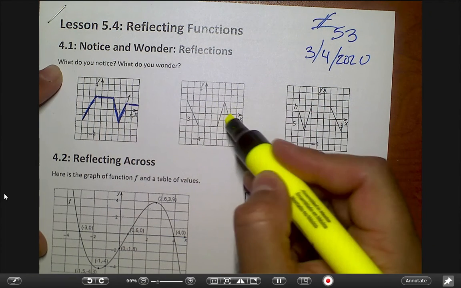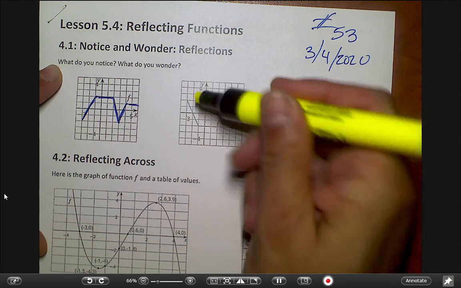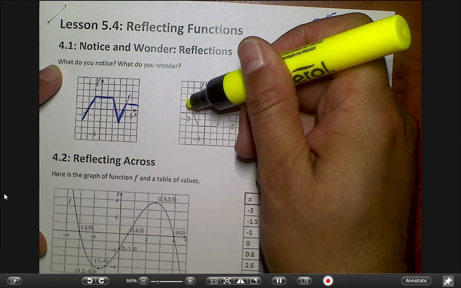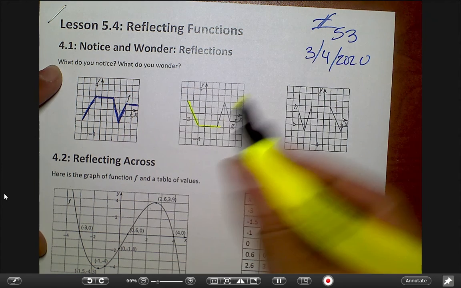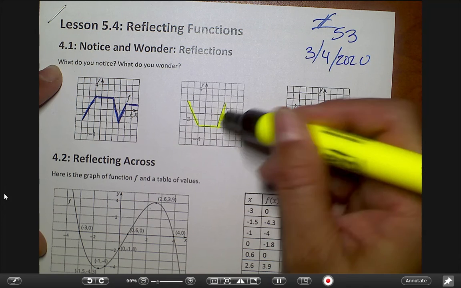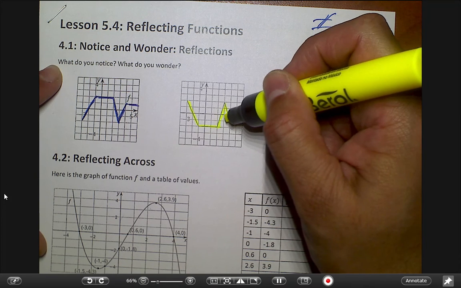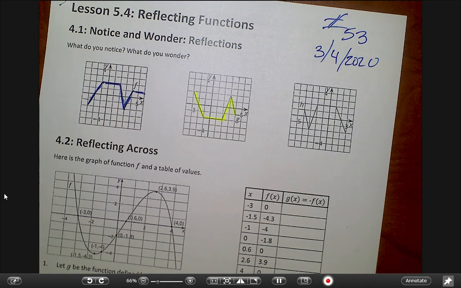What is the math term for it? Translation? What type of translation? Horizontal. Rotation. It's not a rotation. Reflection. There we go.